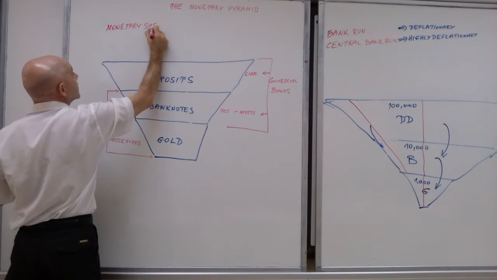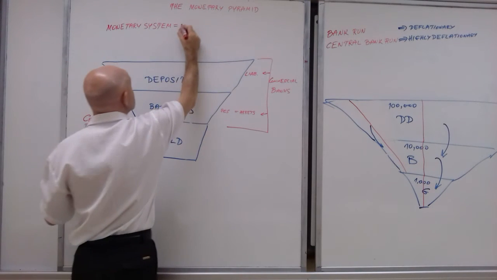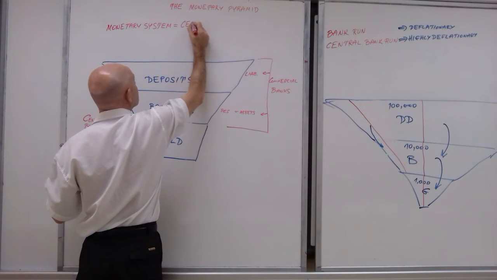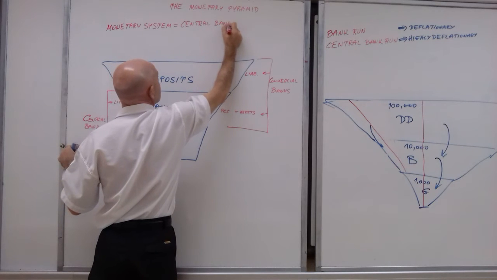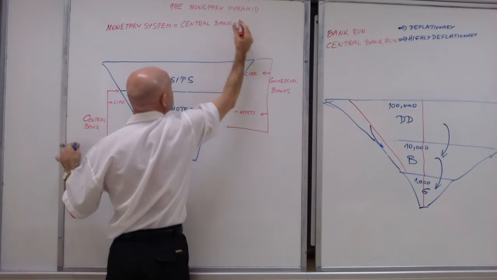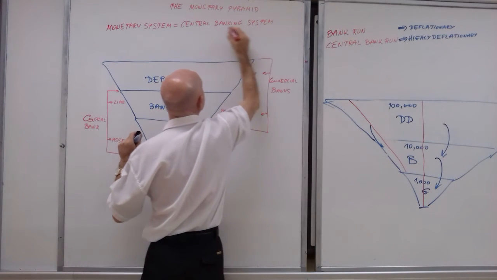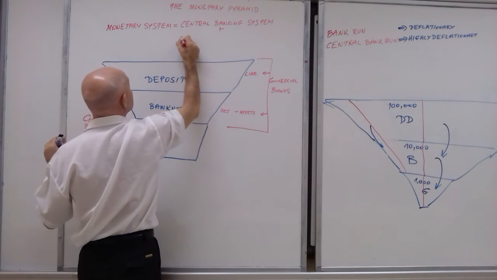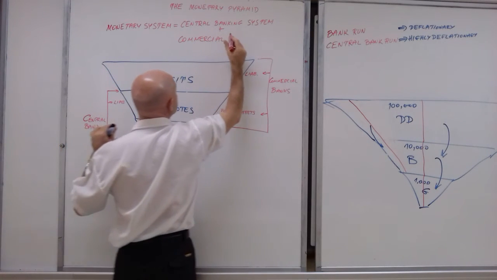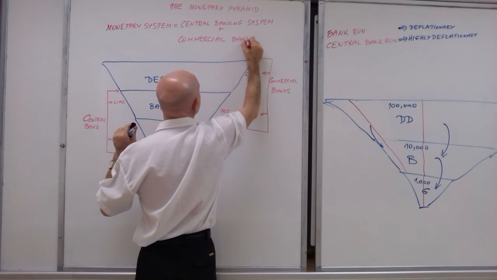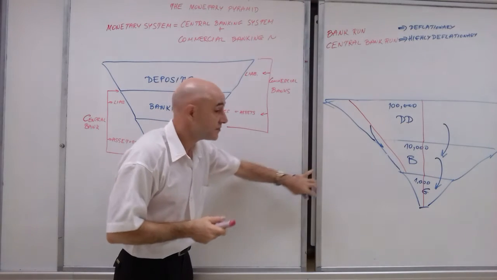Monetary system consists of central banking system plus commercial banking system.